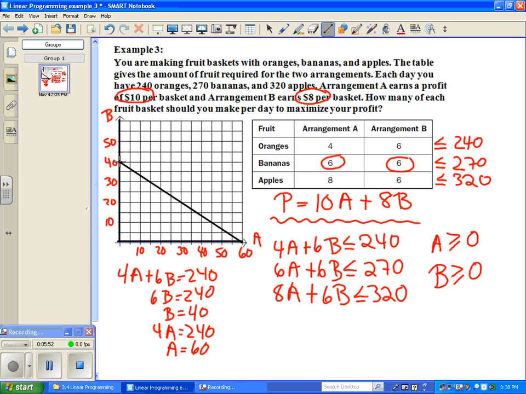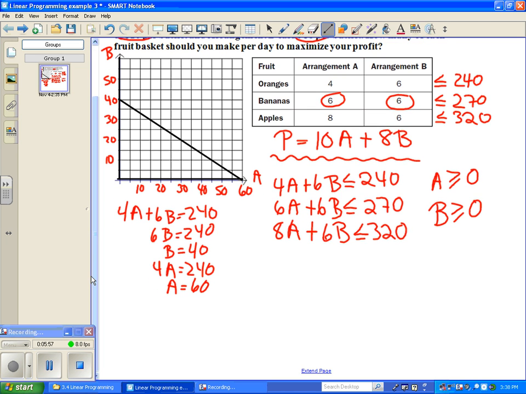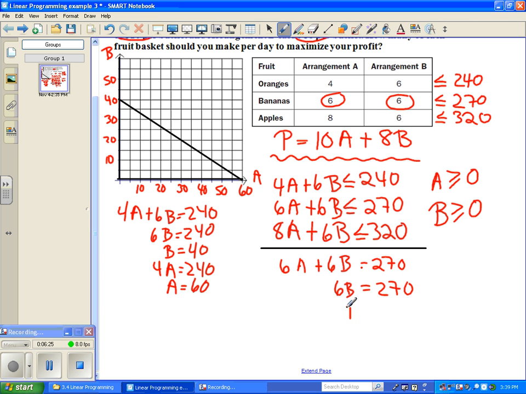Okay, so we do the same thing for the second equation. We have 6A plus 6B equals 270. If we plug in 0 for A, we get 6B equals 270, and when we solve this for B, it's equal to 45.